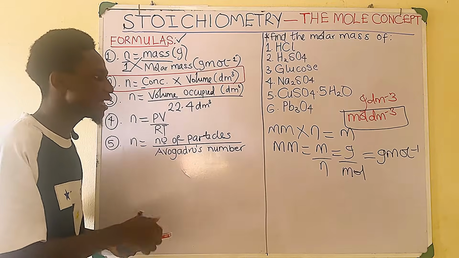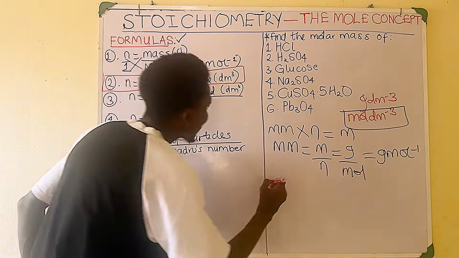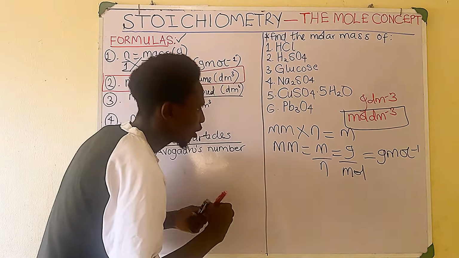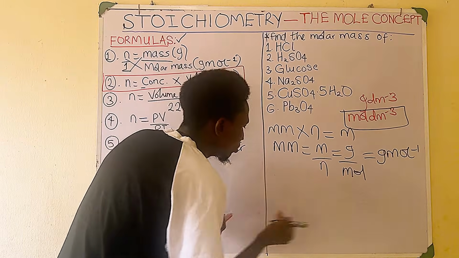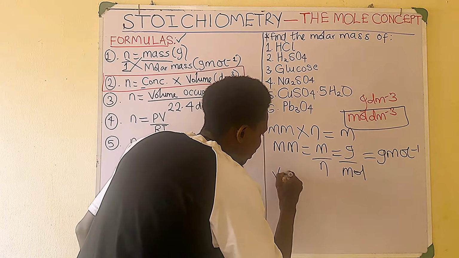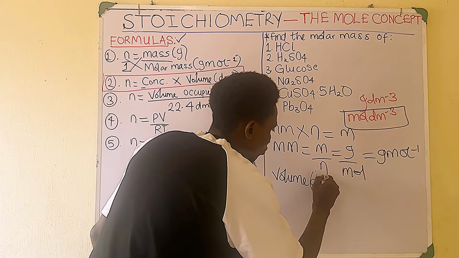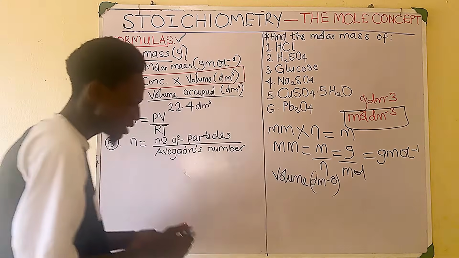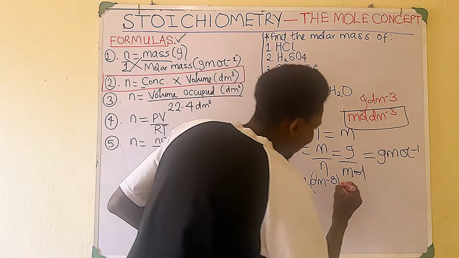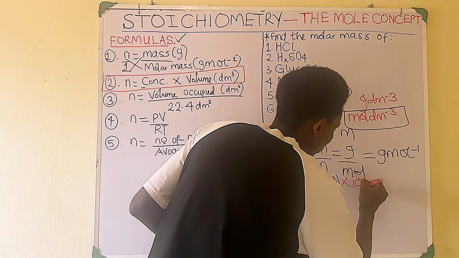Now, how do you change cm cube to dm cube? So if you have volume, let me use this one. If you have volume in dm cube, and I want to change it to cm cube, all you just have to do is to multiply by 1000.